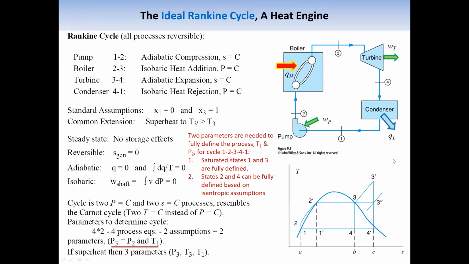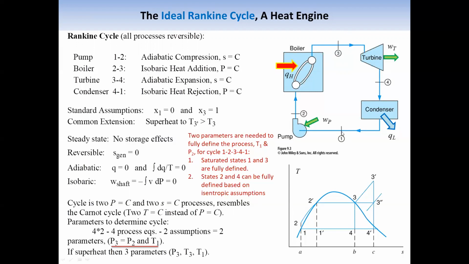For an idealized Rankine cycle, it involves 4 segments like we have been discussing. However, these 4 segments of the process involve 2 adiabatic compressions and isobaric heat exchange.